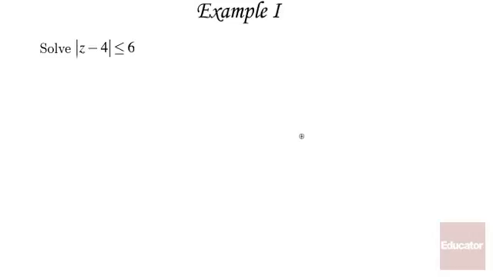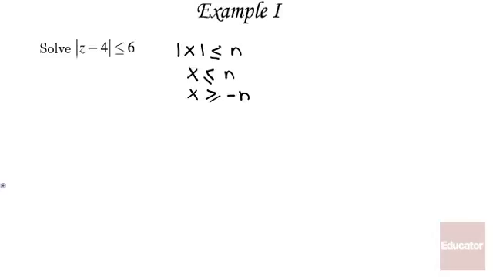In example 1, I have the absolute value of z minus 4 is less than or equal to 6. So I recall that this is that form, the absolute value of x is less than or equal to n. And I'm going to have two related inequalities from that: x is less than or equal to n, and it's greater than or equal to negative n.